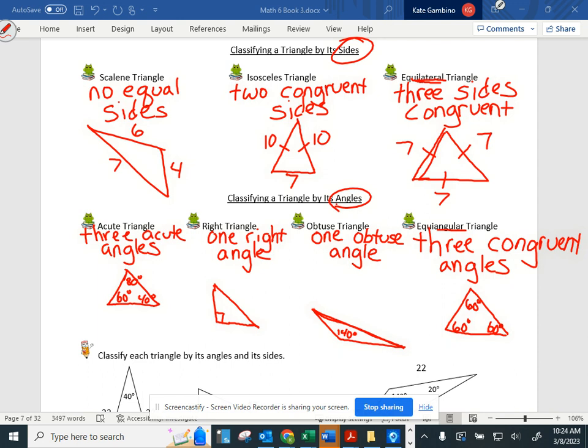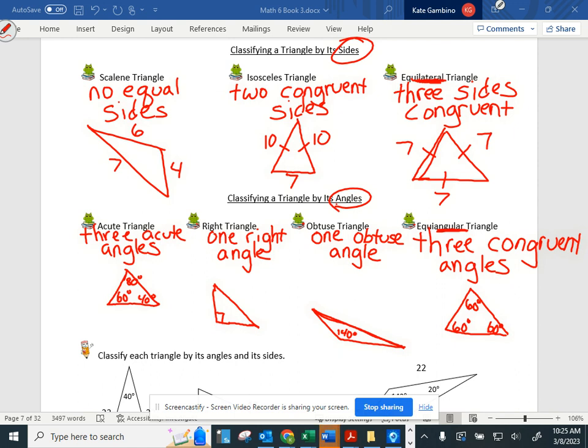Sides. Lateral means sides. So if it's an equilateral triangle, it means the sides are equal. What does angular mean? Angle. So if it's an equiangular triangle, it's about the angles. So you have to remember, if we're talking about the angles, they're all three the same.